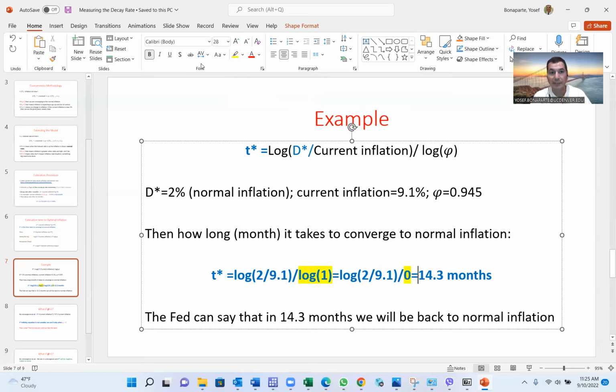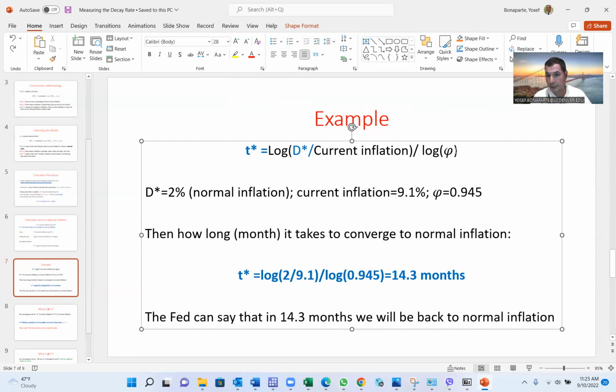So therefore, we're not going to estimate this model. It's important here because when I estimate phi, it's going to be 1. So when phi equals 1, this equation doesn't work.